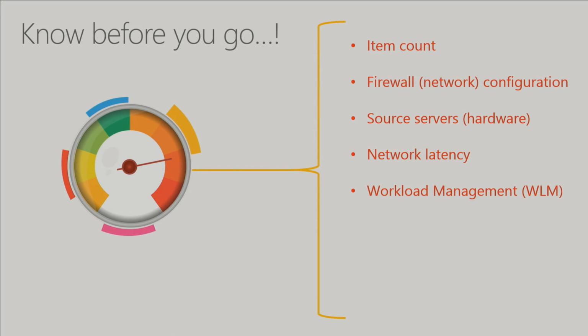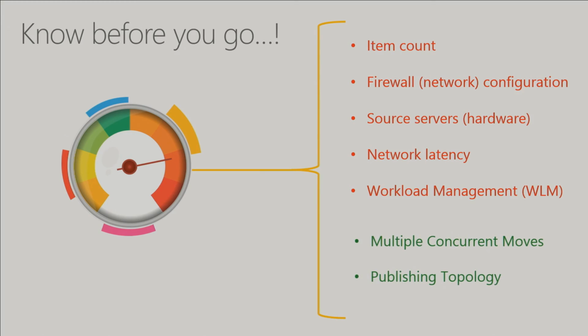But if you're running a virtualized Exchange environment and it's running on a SAN, which is really, really slow, which you shouldn't do, then you can get that sort of issue. Network latency on your end, whatever it is, there's a lot of variables that come into play that could influence that as well. And workload management on the Office 365 side. Also on premises, though. So those can negatively influence the speed.